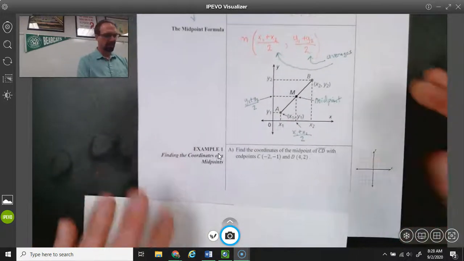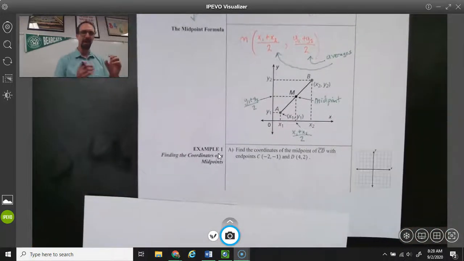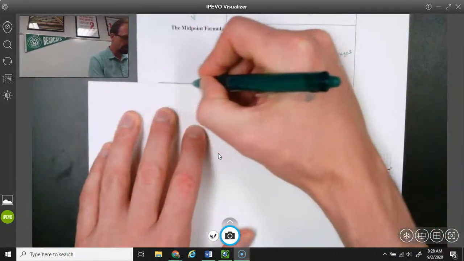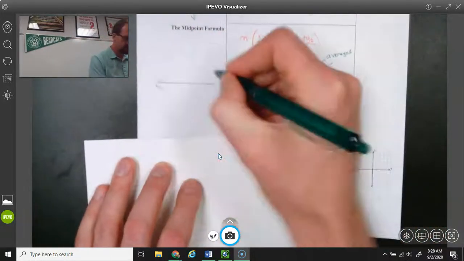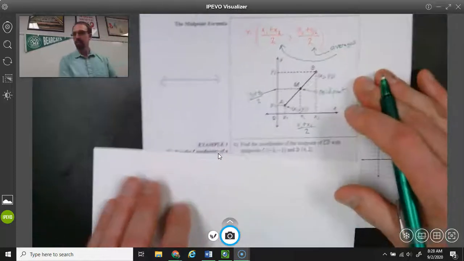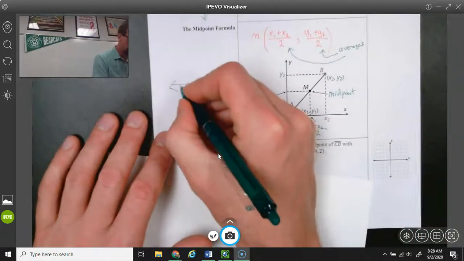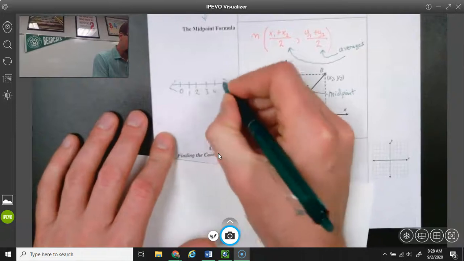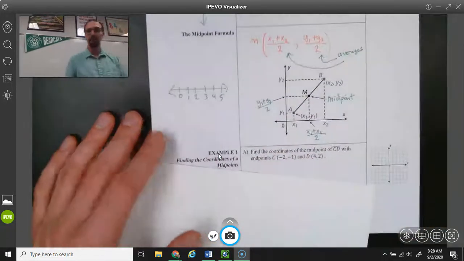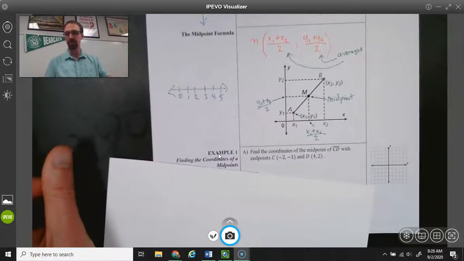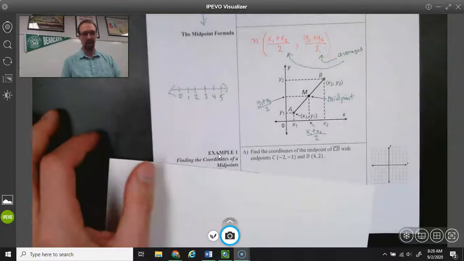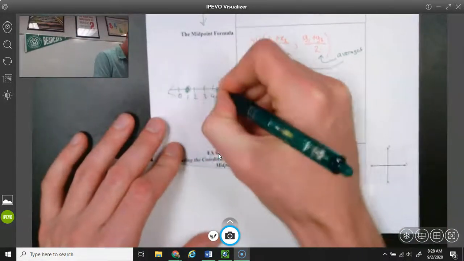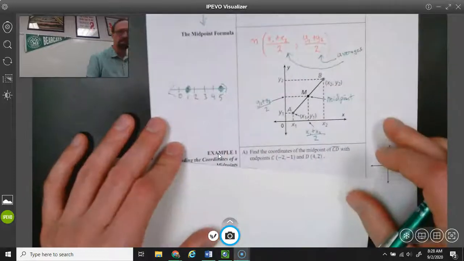Another example of this, before we actually get into it: if you think about a number line, so if I go 0, 1, 2, 3, 4, 5. If I want to find the middle between these two, so if I say I have 1 and 5, I want to find the midpoint between them.